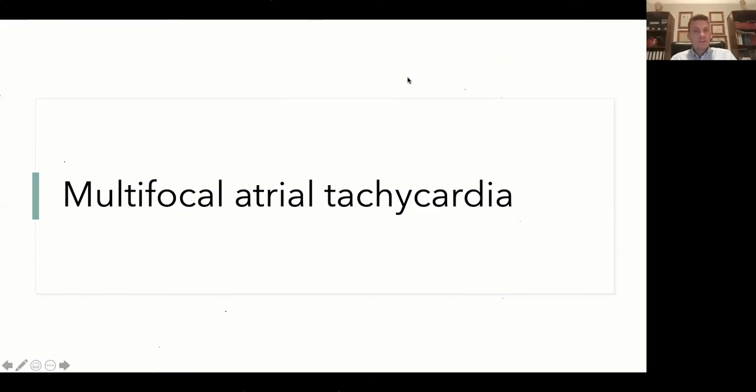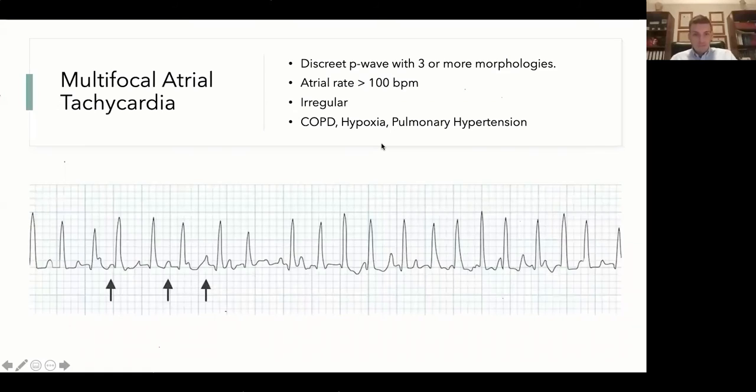Anyone want to take the time to talk? Close together. How? Close together, possibly, but there are three different places firing at the same time. So what do we need to see? Multiple P waves. Why? Because there are multiple places in the atria that are firing.